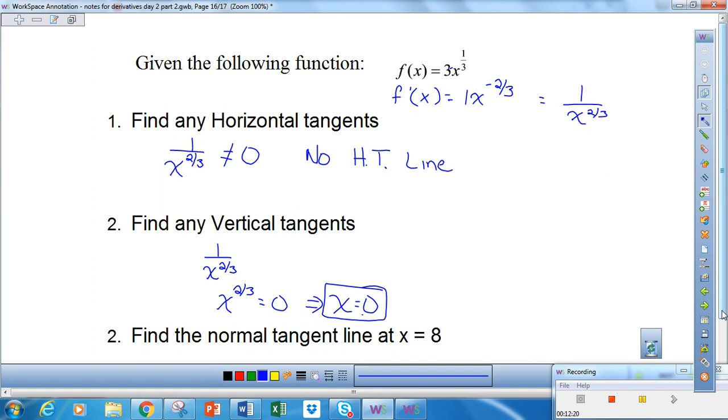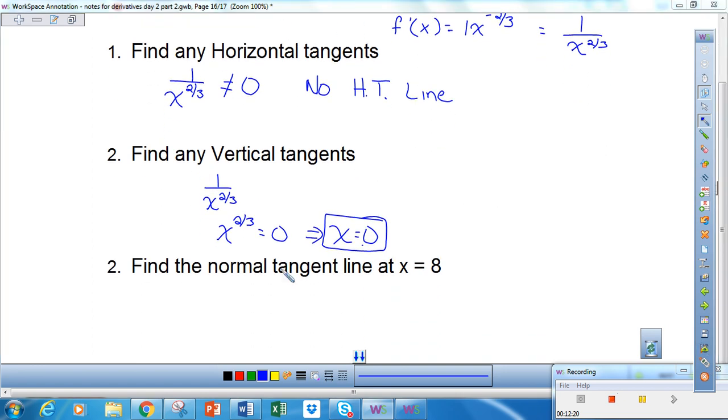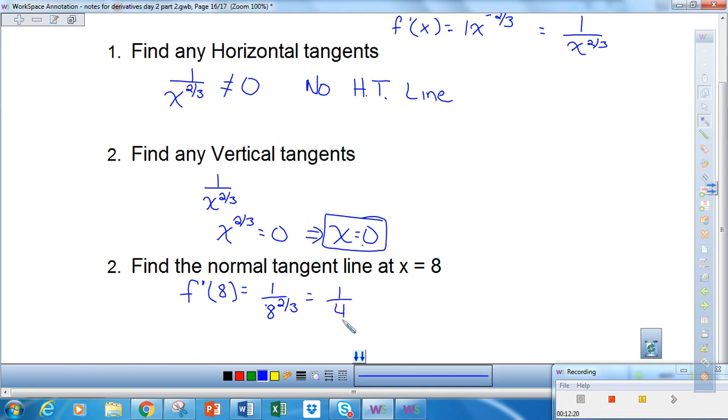Then they want us to find the normal line. So to find the normal line, I have to start by finding the slope at 8. So we know that the slope at 8 would be 1 over 8 raised to the 2/3 power. And 8 raised to the 2/3 is 4, so this is 1/4.